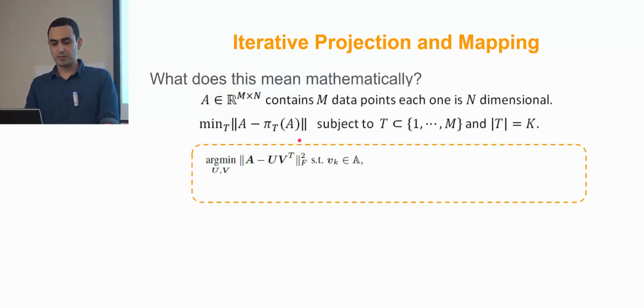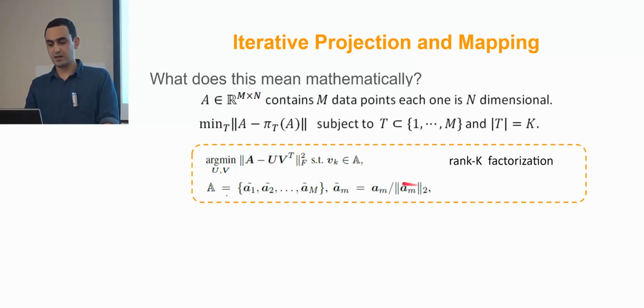This problem can be reformulated as a rank-k factorization problem. And we have here a matrix V, and we have the constraint that each of the columns in matrix V should belong to this set A, and this set A contains the normalized data points.